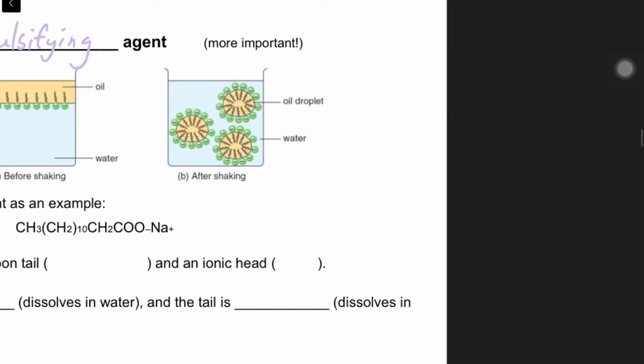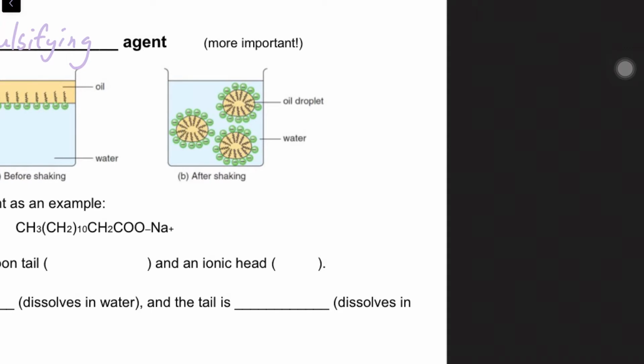The oil layer becomes small after shaking, you can see oil droplets, and the hydrocarbon tail is still trapped inside. However, because the oil droplet has larger surface area, the ionic heads will try to spread out and cover the whole oil droplet surface.